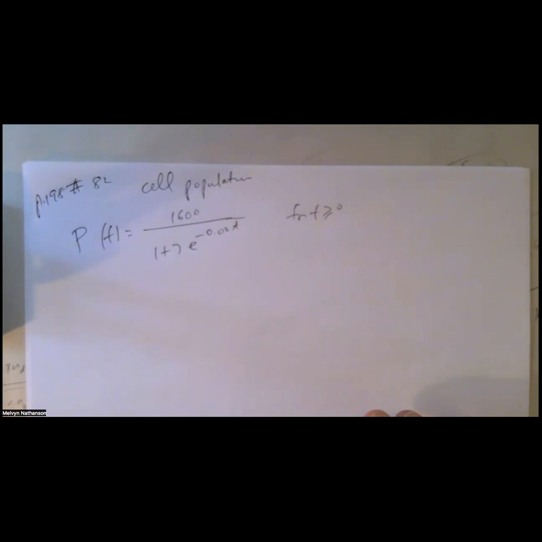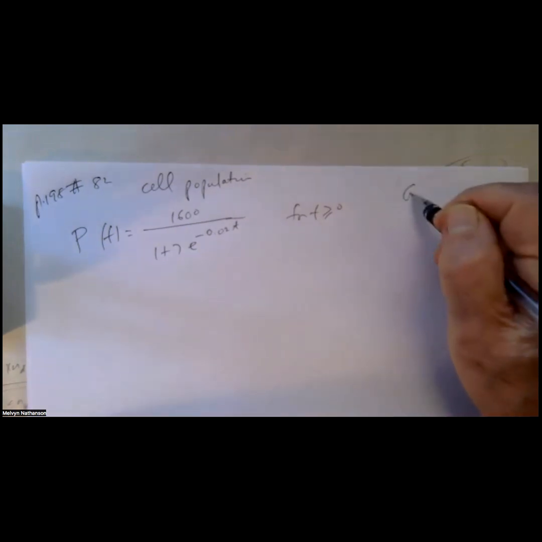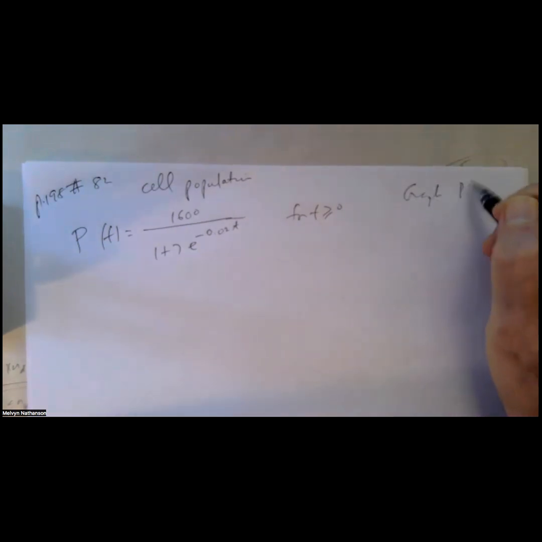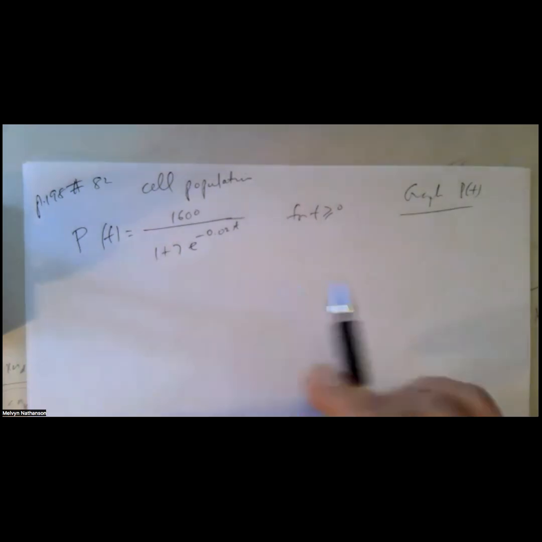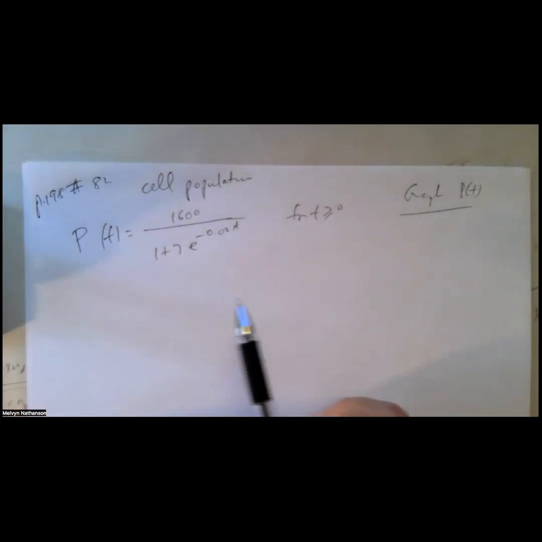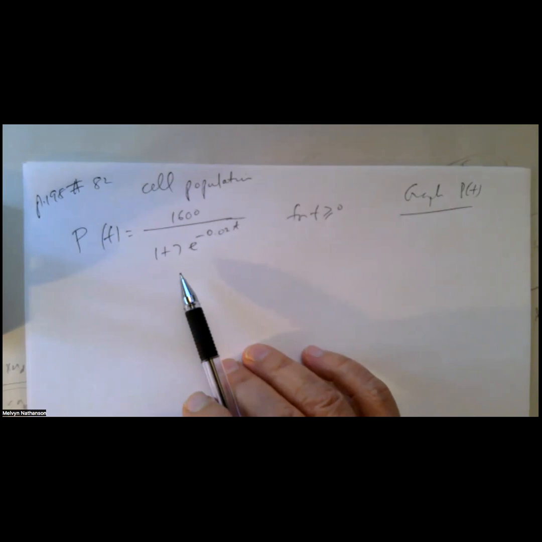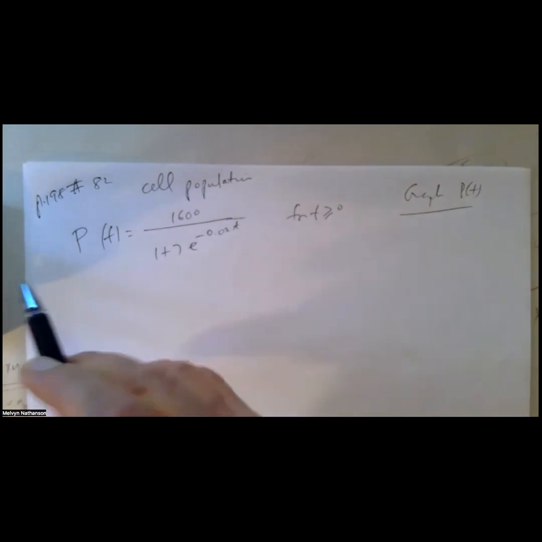So this is a mathematical model for the number of cells in the cell culture after t days. And the first problem is to graph it. If we look at this, one thing we see is this is always positive. And what is the initial population?